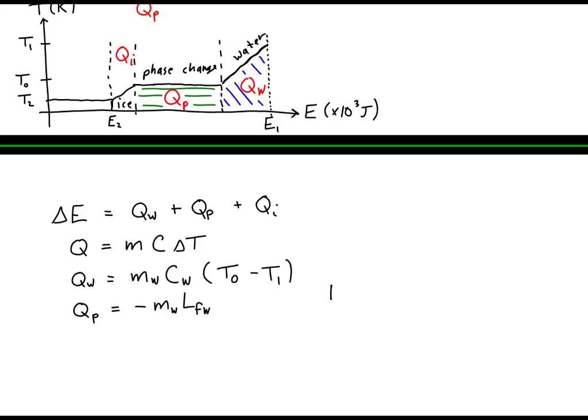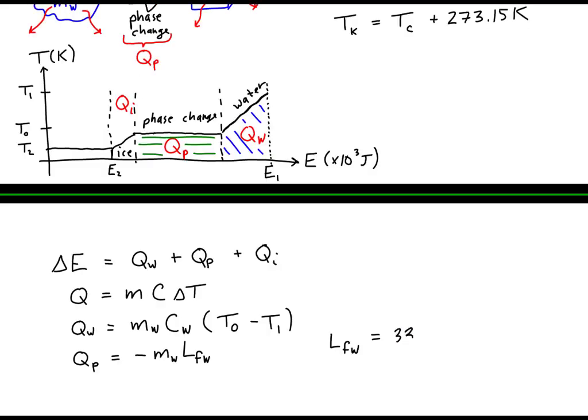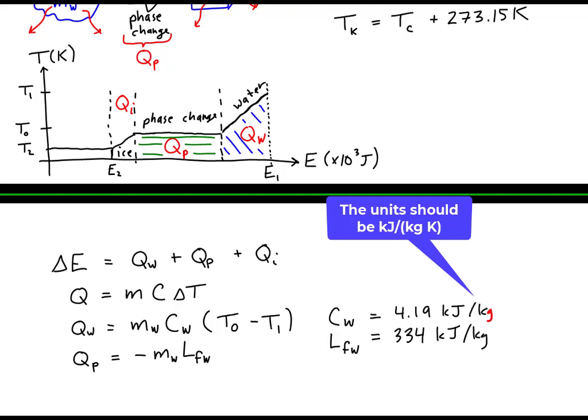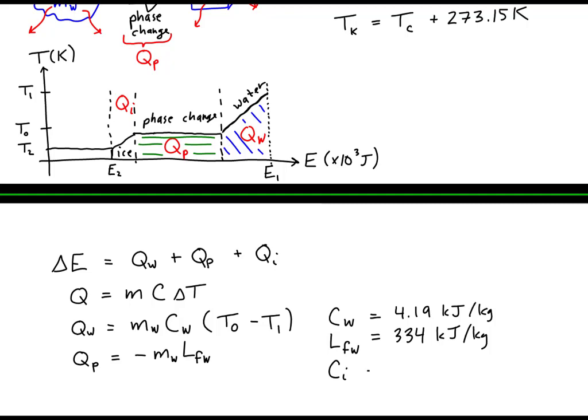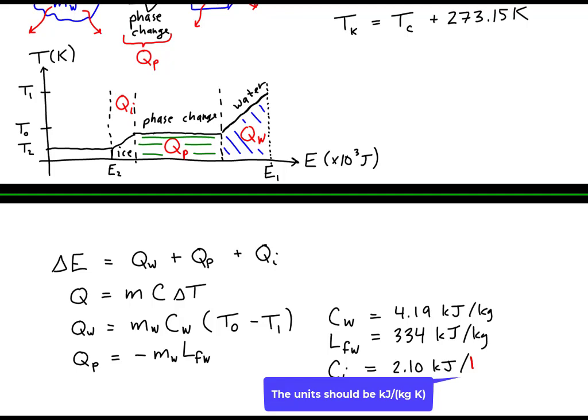Now we should remark that the latent heat of fusion for the water is 334 kilojoules per kilogram. We should also note that the specific heat of water in its liquid form is 4.19 kilojoules per kilogram. And while we're at it, we should note that the specific heat for ice is 2.10 kilojoules per kilogram. So we know those three quantities.